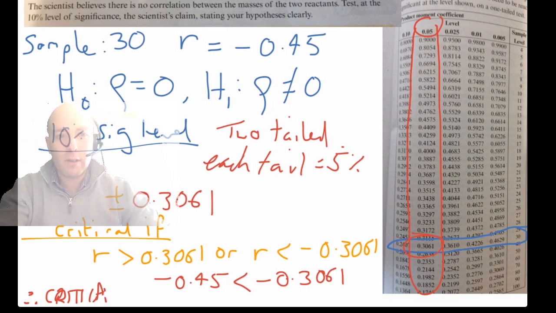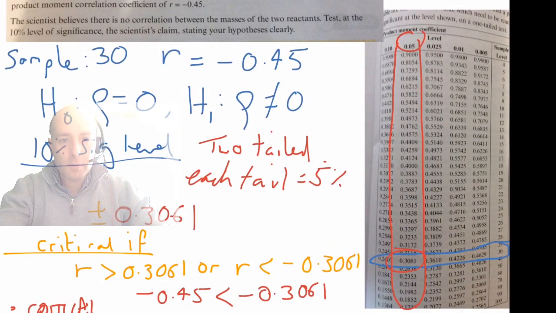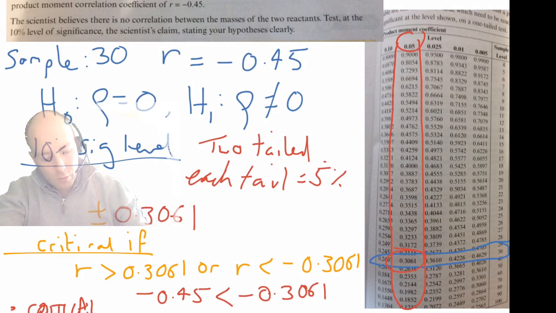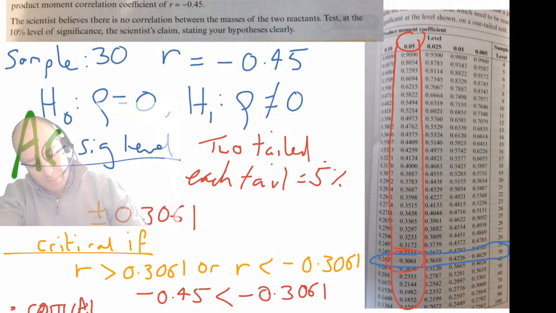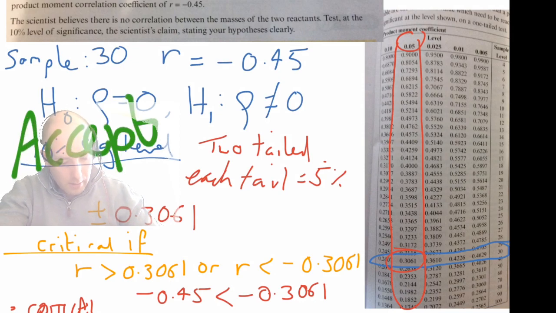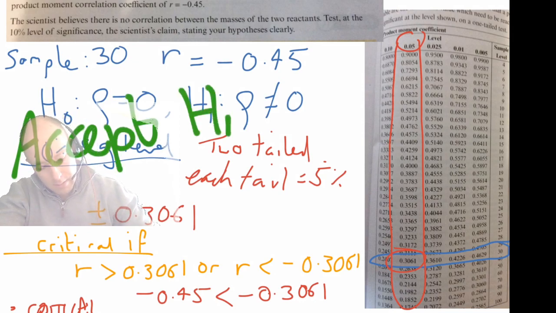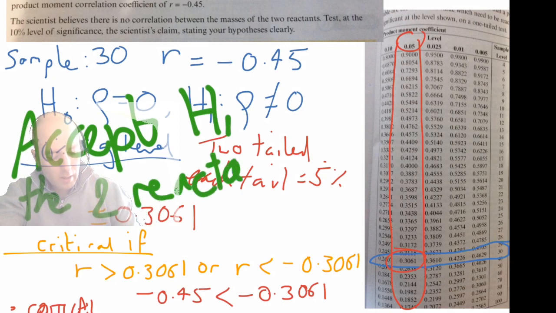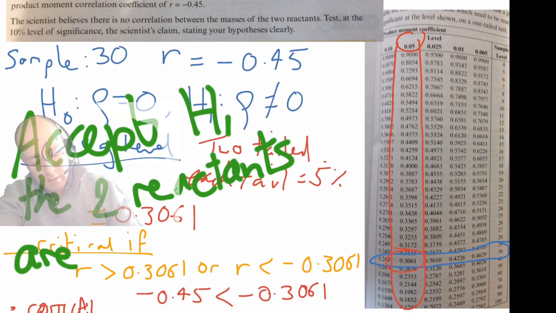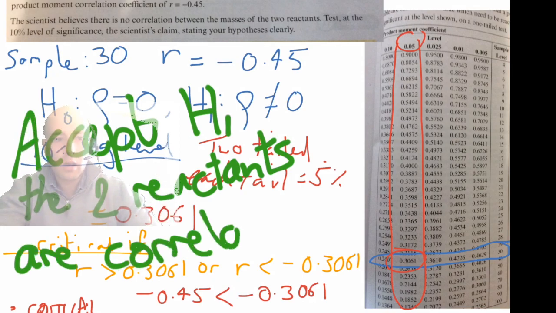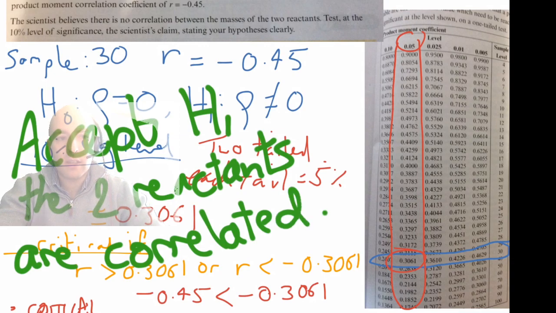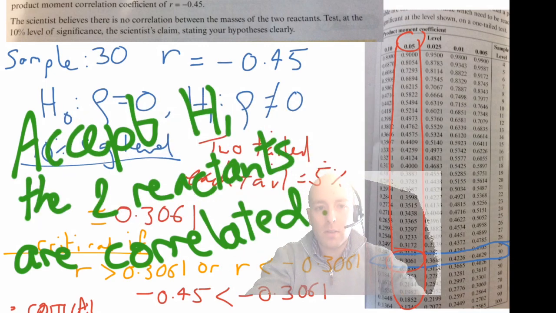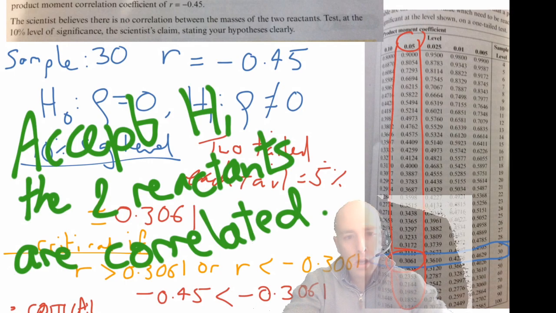Therefore, it's critical. Therefore, accept H1, and the two variables are correlated, or associated, if you like. There is an association between our values.